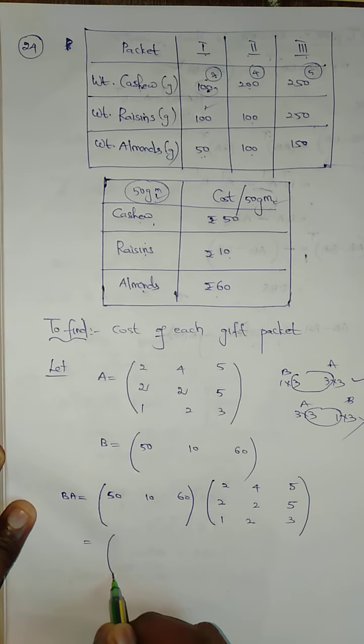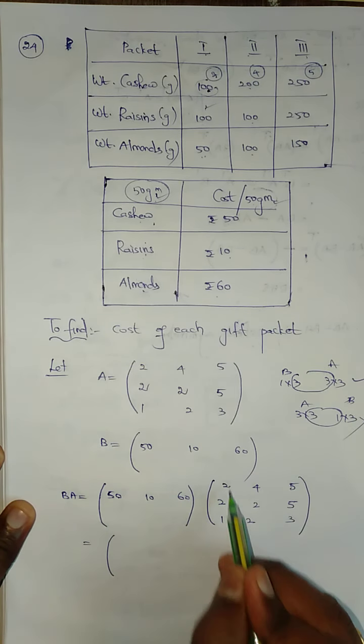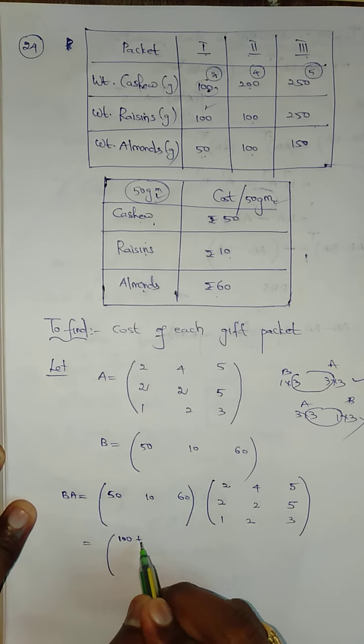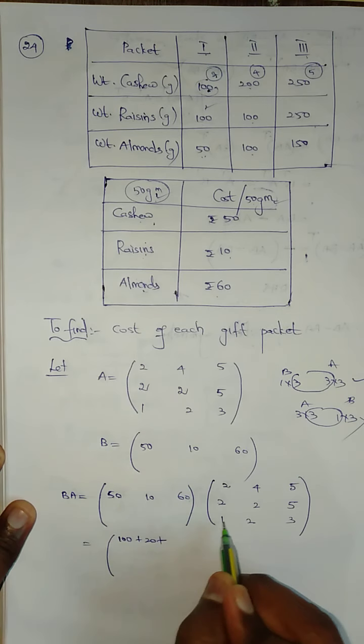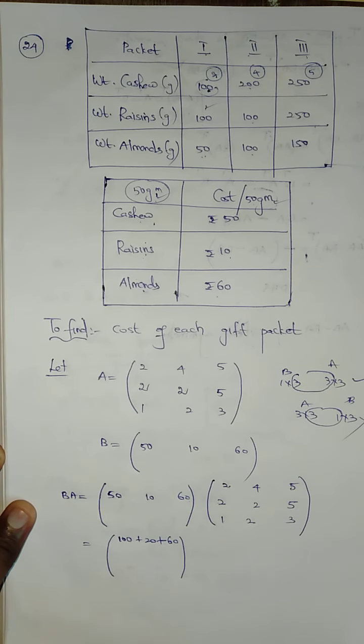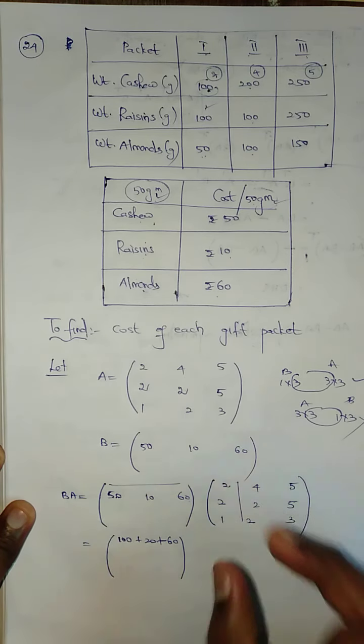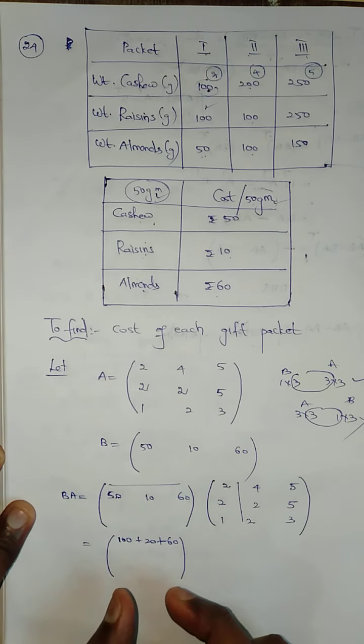Do the multiplication. How are we going to do it? See, 50 into 2 is 100. 10 into 2 is 20. Plus 60 into 1 is 60. That's all. Next, this one I multiply with the next column and put it here.